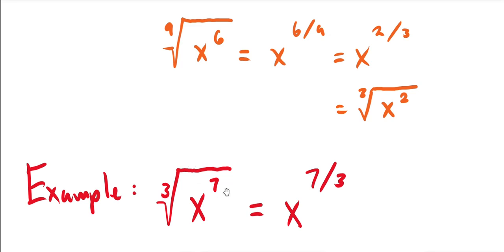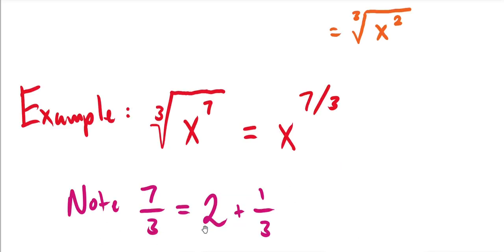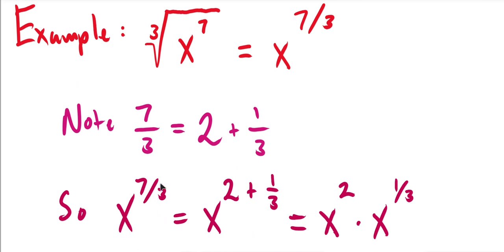What about if the power inside the radical, the so-called radicand, the argument of the radical, what if that guy is bigger than the index of the radical? And we have this improper fraction over here. Well, since 7/3 could be rewritten as 2 and a third, right? 3 goes into 7 twice with 1 remainder. Then we could actually rewrite x to the 7/3 as x to the 2 plus 1/3.